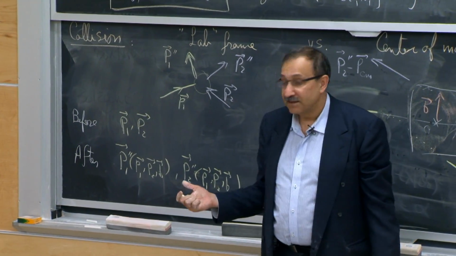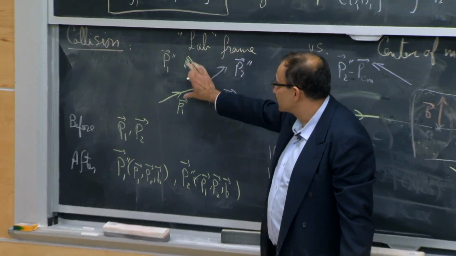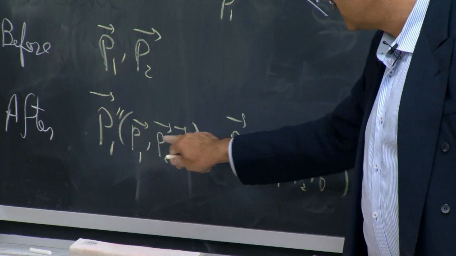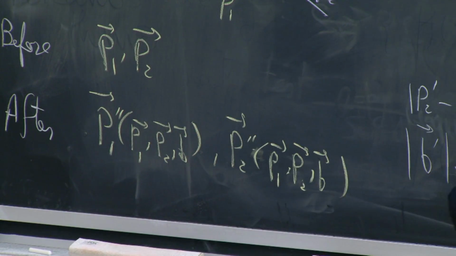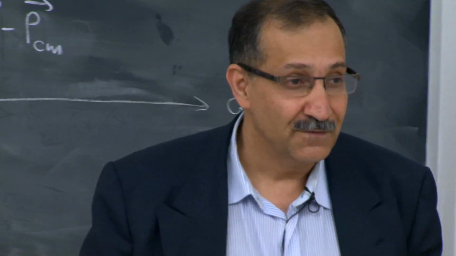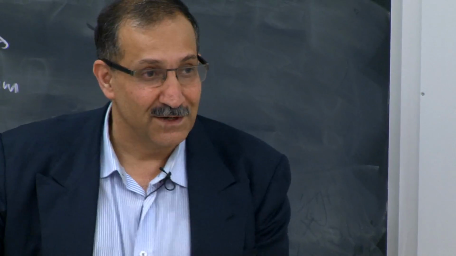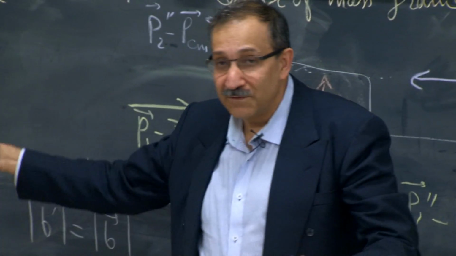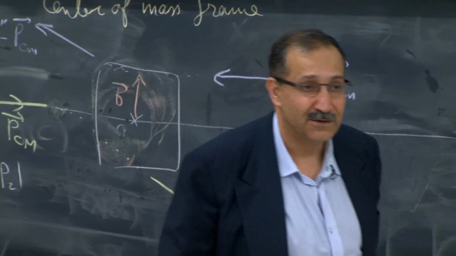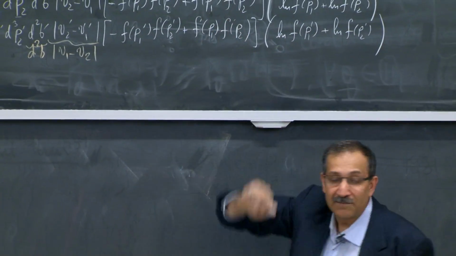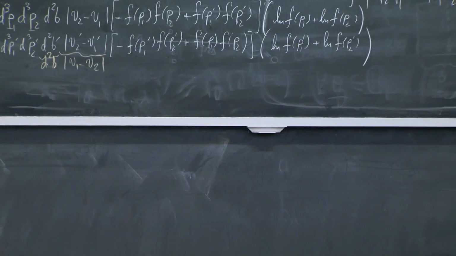But again, it really doesn't matter, because once you have specified what incoming P1, P2, and B are, you know what the outcome of the collision is. So it's really the same function. Whether you are inverting it, you will presumably end up at a different location of the arguments, but you will have the same function that tells you what the inverse relationship is. So really, these functional forms are the same as the functional forms that we had before.